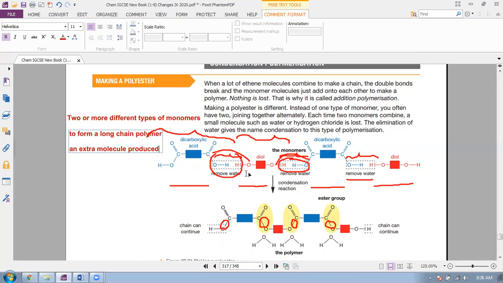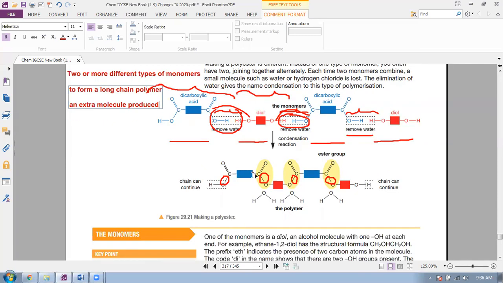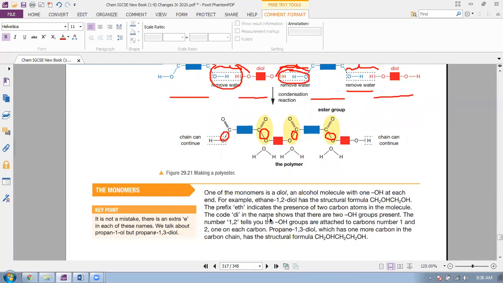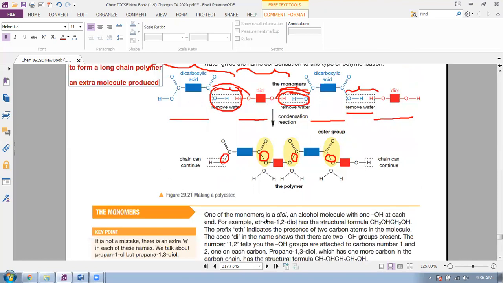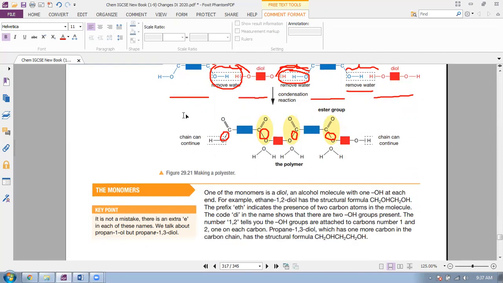The product formed here is the long chain polymer, as you can see. You can also replace the dicarboxylic acid by another carboxylic acid, and replace the alcohol by another alcohol. This is ethane 1,2-diol, and it can be replaced by propane 1,3-diol, and the dicarboxylic acid also can be replaced, and another polymer can be found.